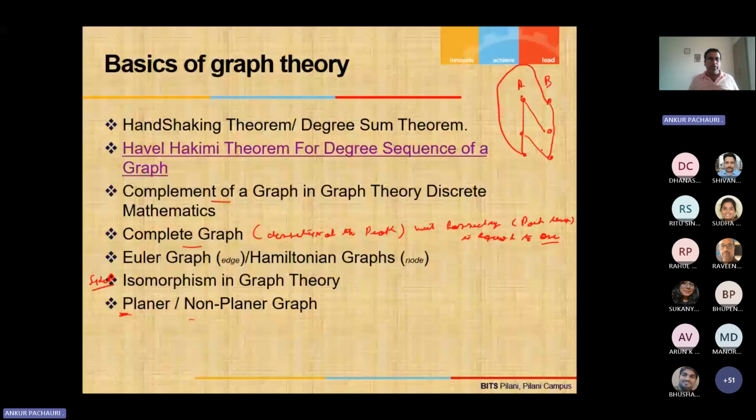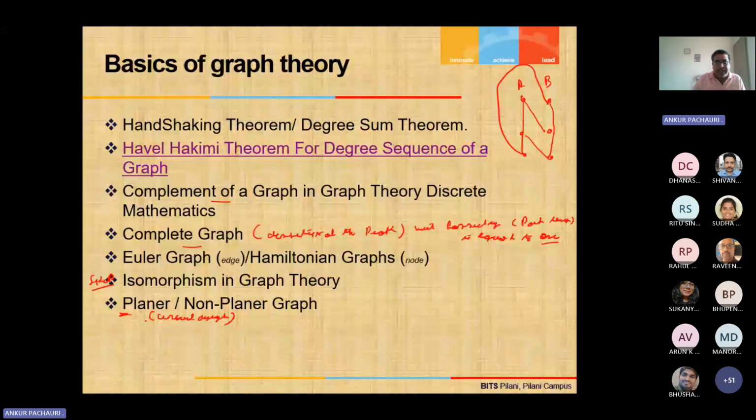Where is it being used? It is being used for circuit design, PCBs, semiconductor devices, semiconductor chip creation.